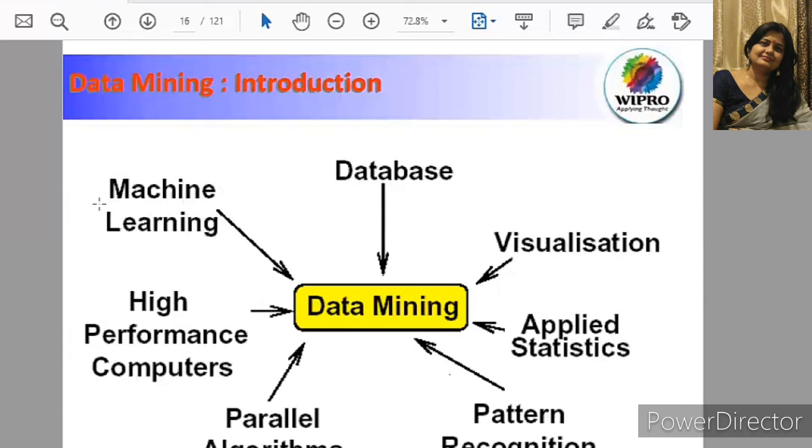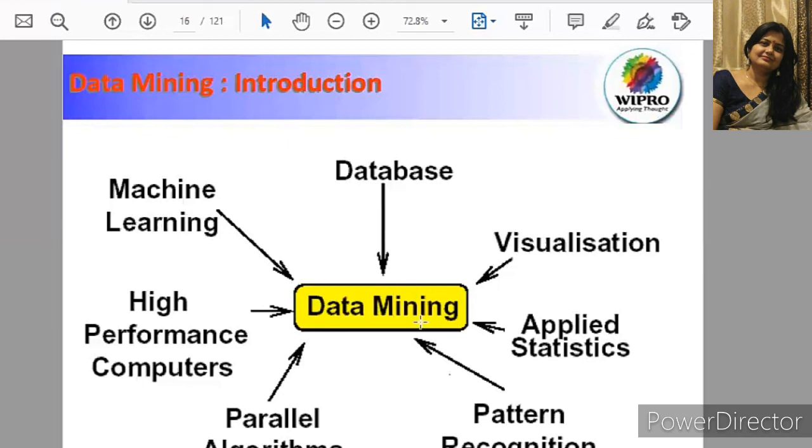And last but not the least, machine learning. If you want to make the machine do something automatically, what you feed to the computer is very important. What you are feeding, you have found out from the historical data. This is very relevant. You computerize this into an algorithm, and then you feed it to the machine, and only then will it perform better.